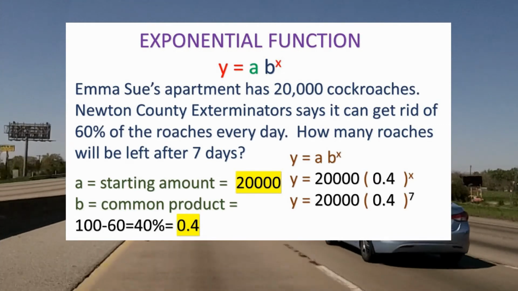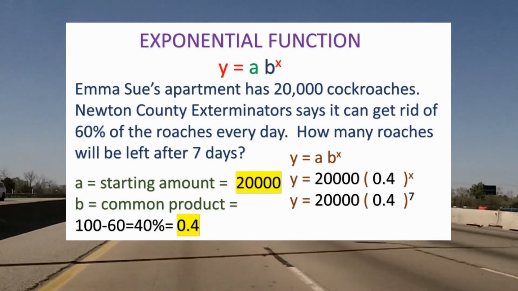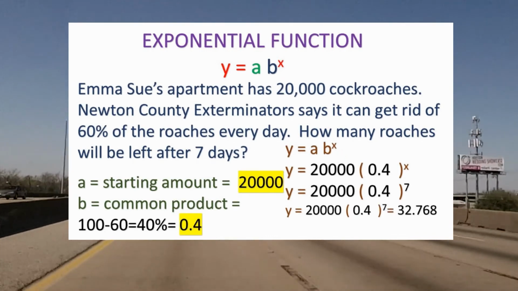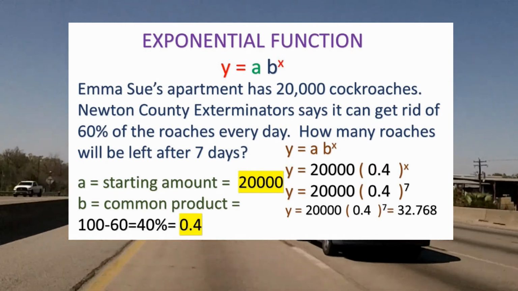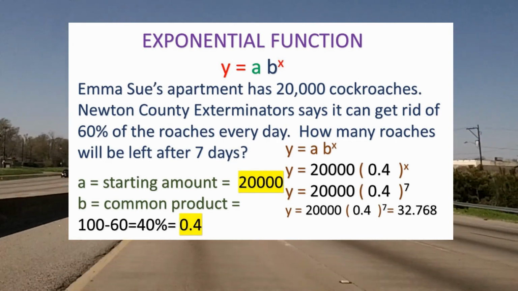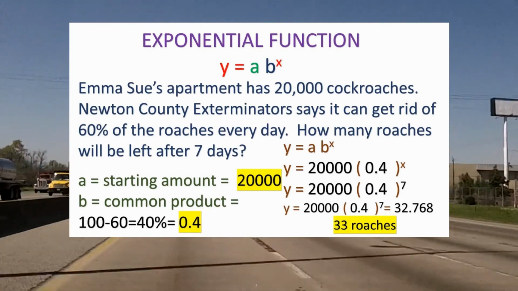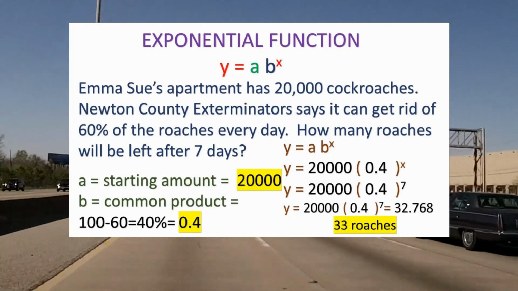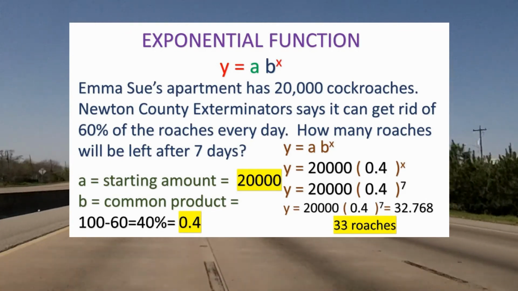You will input 20,000 parentheses 4/10 close parentheses exponent 7 on your calculator. That would give you an answer of 32.768. You'll round the 32 to 33. Remember, if your answer is a decimal and it deals with living things, you need to round your answer to a whole number. So, after 7 days, we'll have 33 roaches in the apartment.